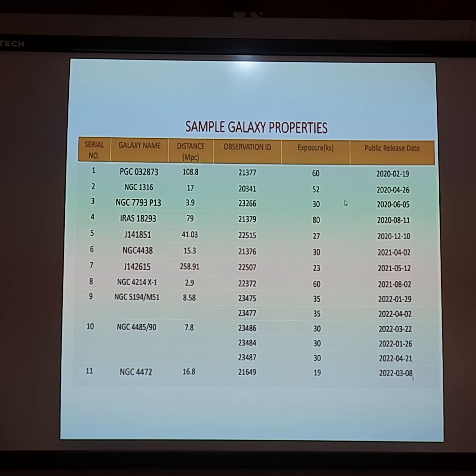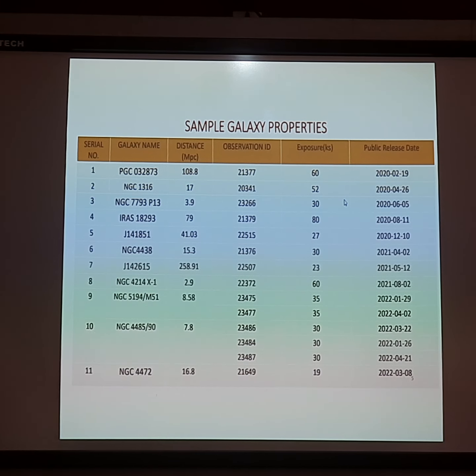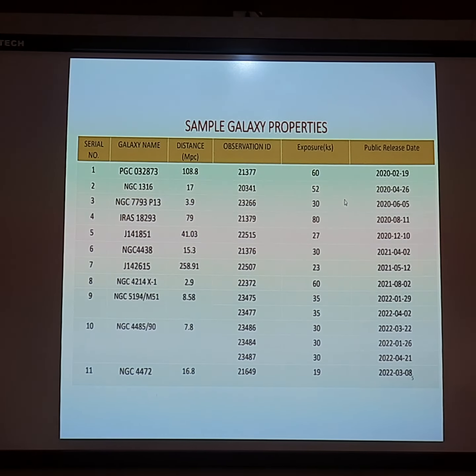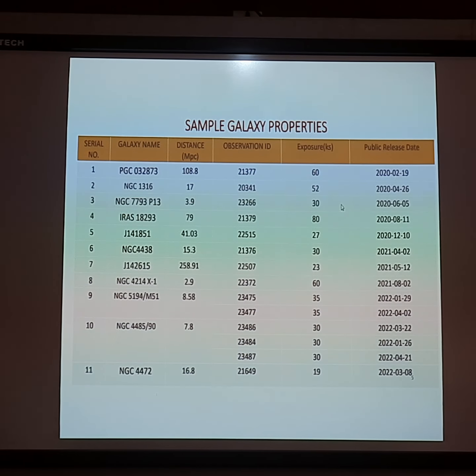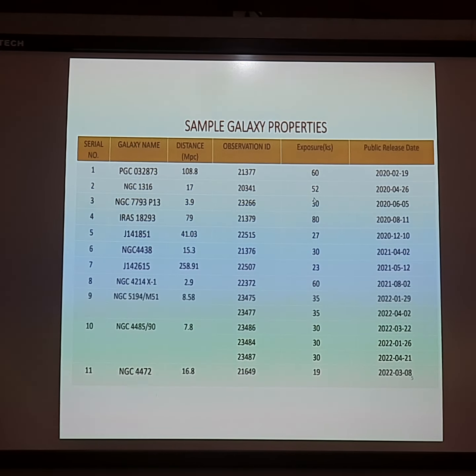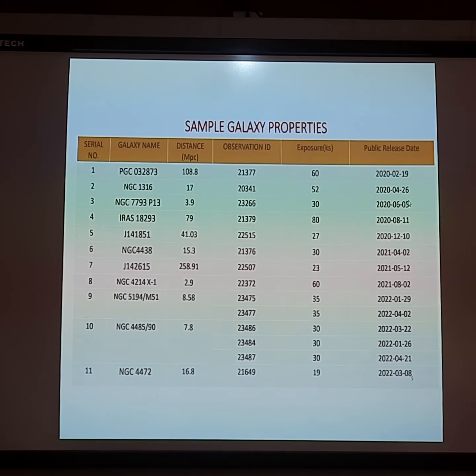These are the sample properties of the galaxies considered. The distances of the galaxies were taken from the NASA Extragalactic Database, the exposures of the sources are given in this column, and this is the public release date of the galaxies.